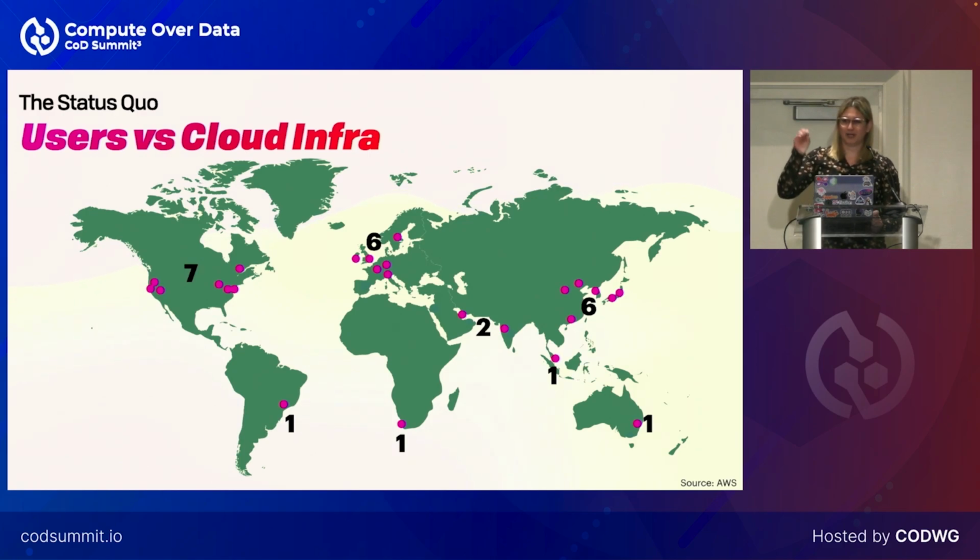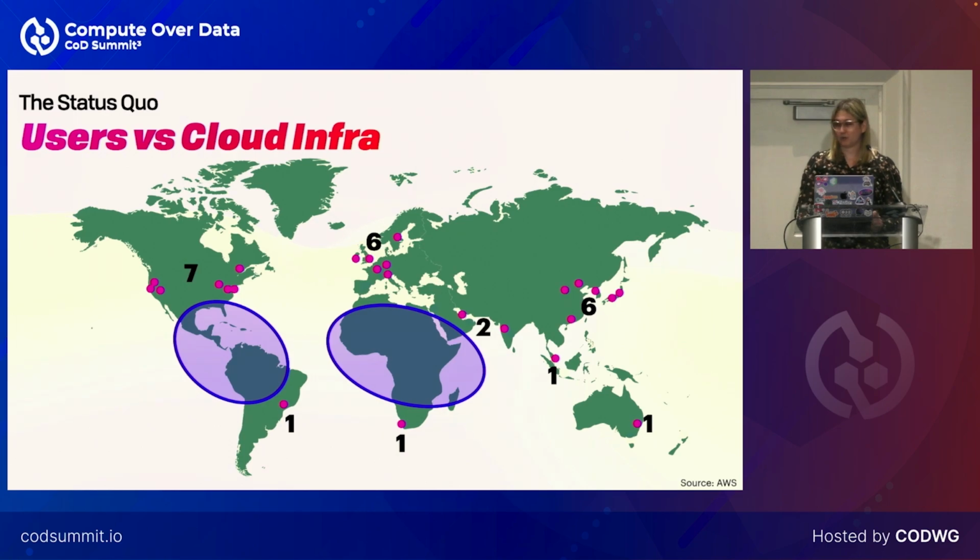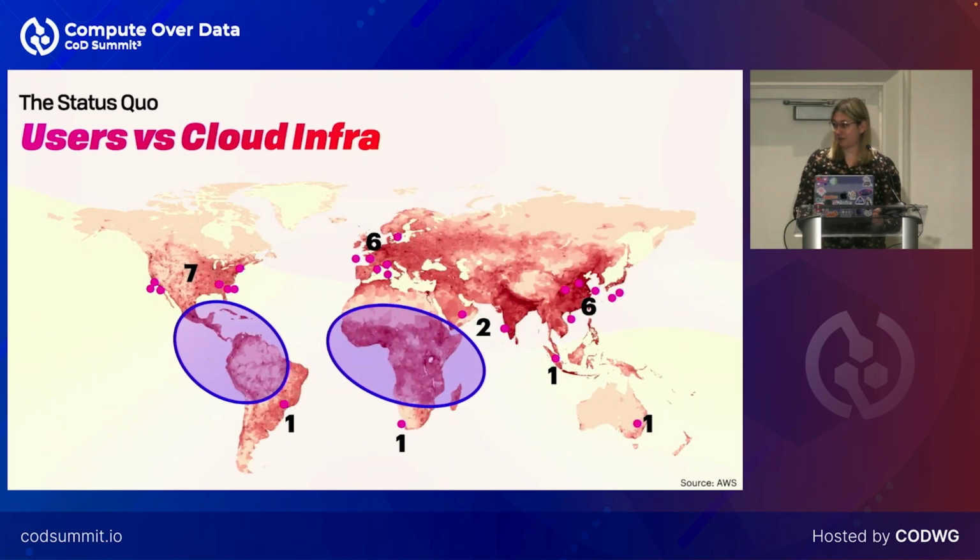You're going to put it where you make the most profit, which is not in places like this or like this, where people are coming online at a very high rate, and that have very high populations. Even just in this one circle, there's 50 million people. To put that in comparison, in North America, we have about 50 million people per data center.